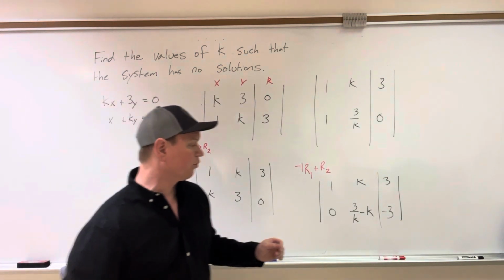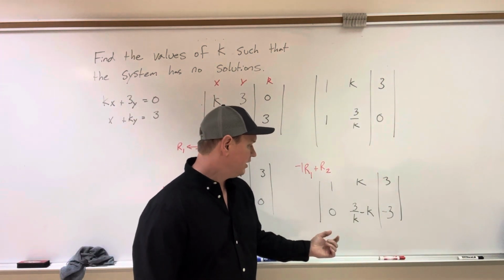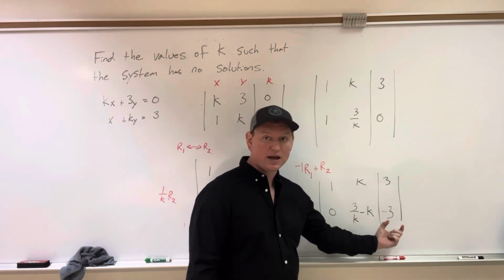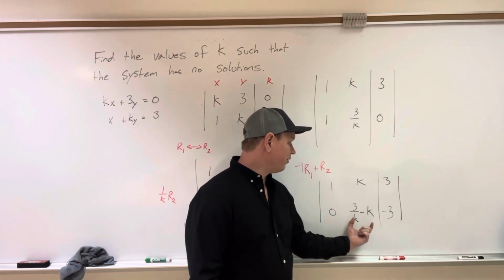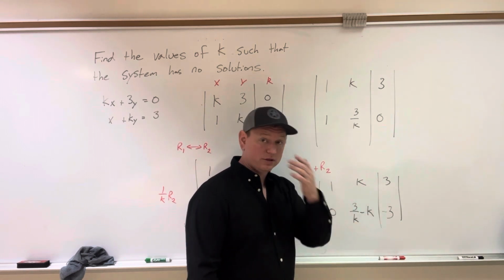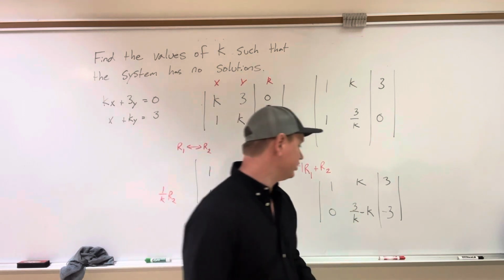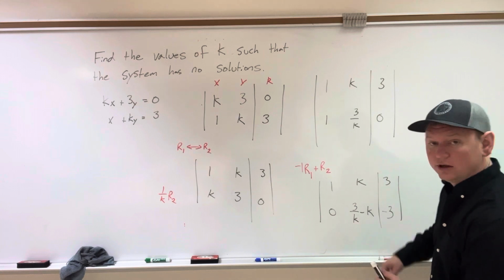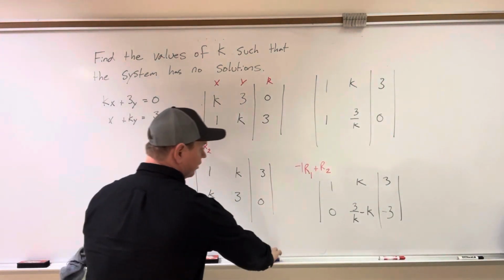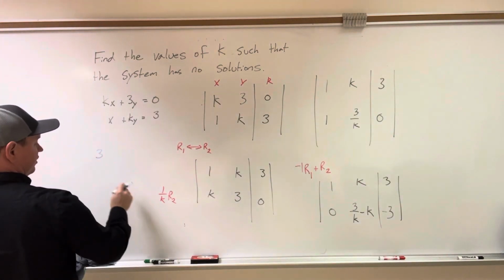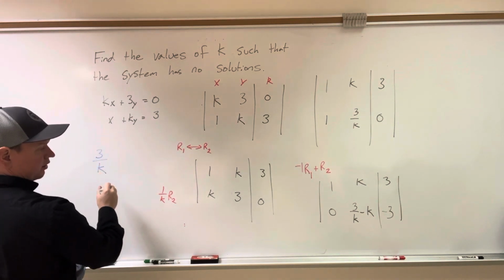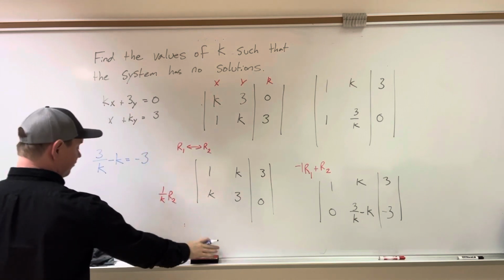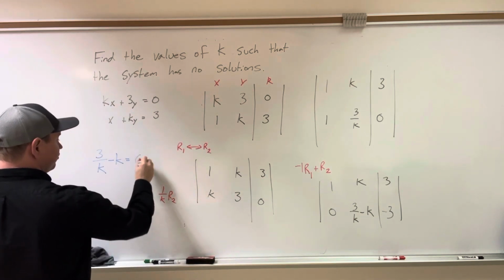So when we do our reduced row echelon form, if this value equals 0, 0 does not equal negative 3. So it would make this matrix have no solutions. So we simply take this expression and set it to 0, which I'll do over here in blue. So we would have 3 over k minus k equals not negative 3, but we want it to equal 0.